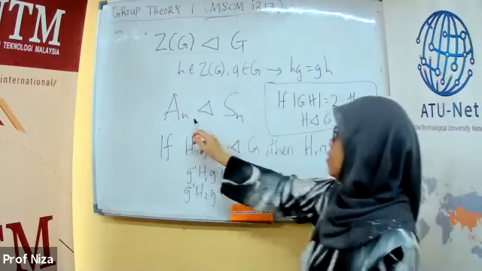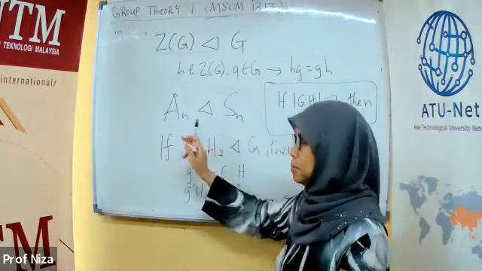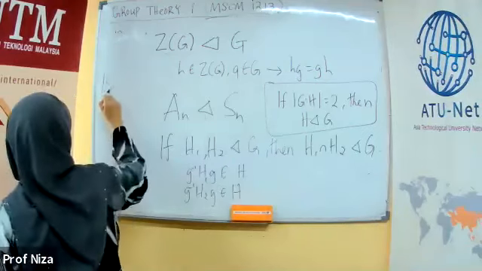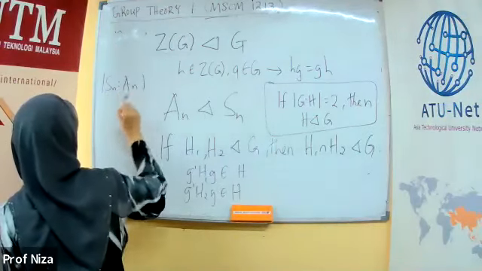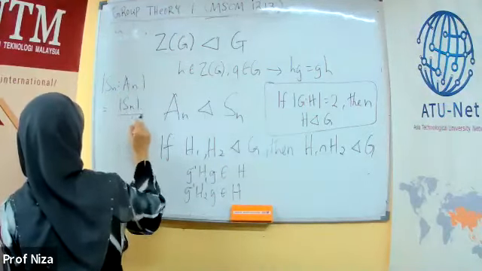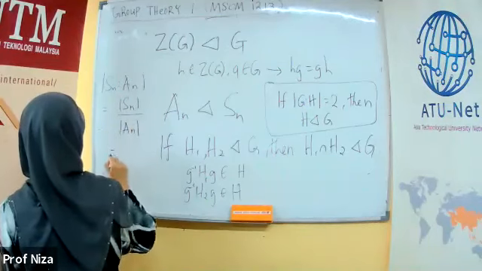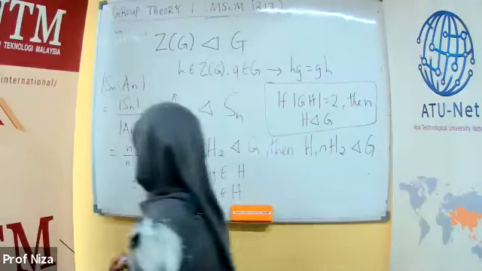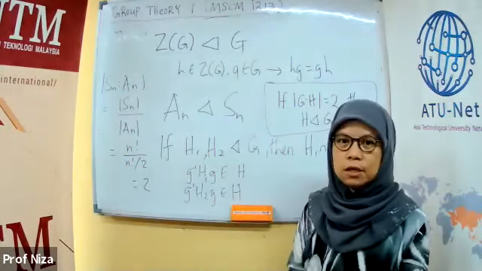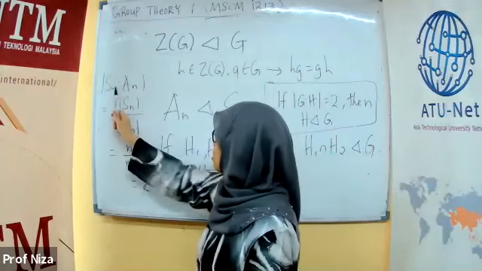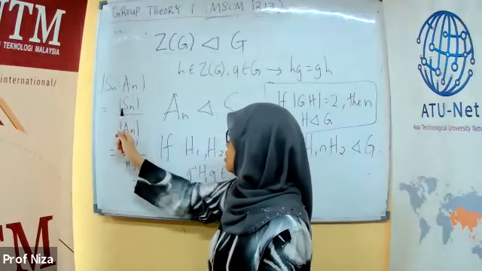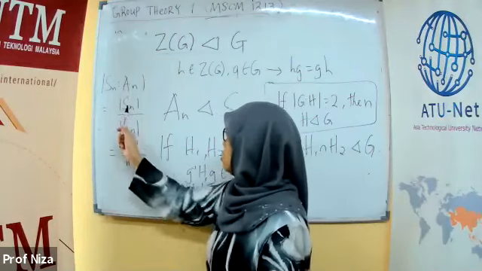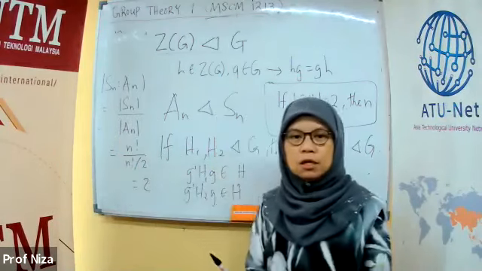This is one reason why An is normal in Sn, because the index of An in Sn is the order of Sn divided by the order of An, and the order of Sn is n factorial.